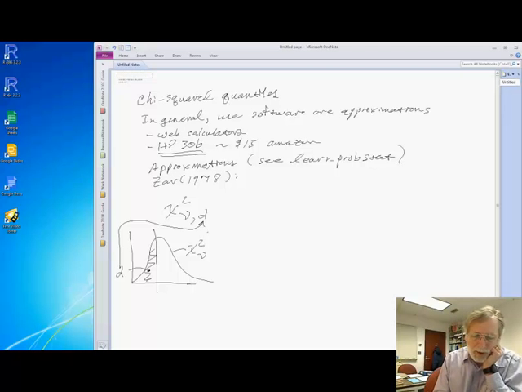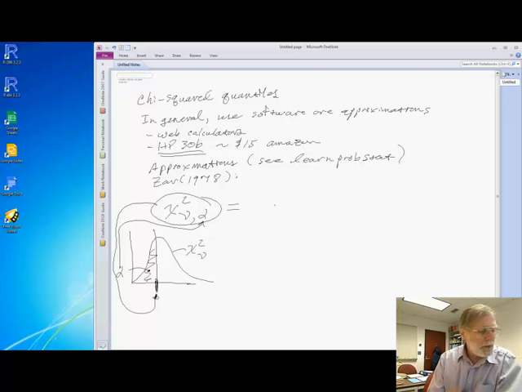So you want to find this quantile, and that's this value right here. So this turns out to be equal to z squared of 1 minus alpha over 2 for nu equaling 1 degree of freedom.